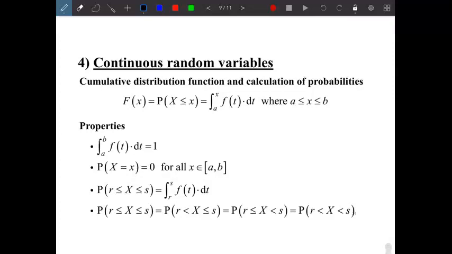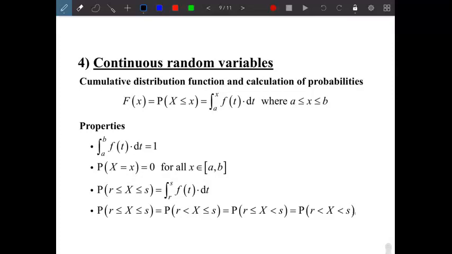For example here, capital F of x is the probability of capital X, the random variable, being smaller or equal to x, which in the case of a continuous random variable, is equal to the integral from 0 to x. Because the cumulative distribution function is a function of x, the upper bound is x.